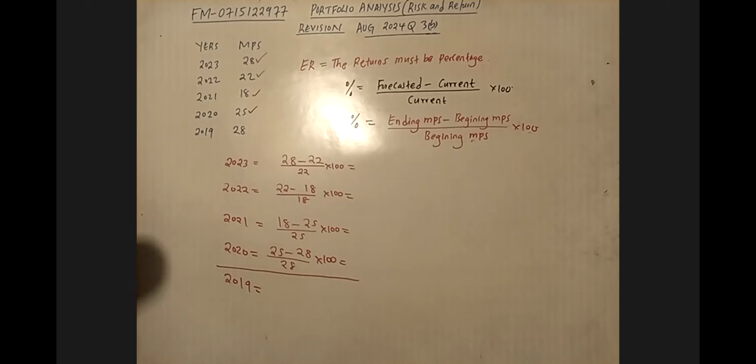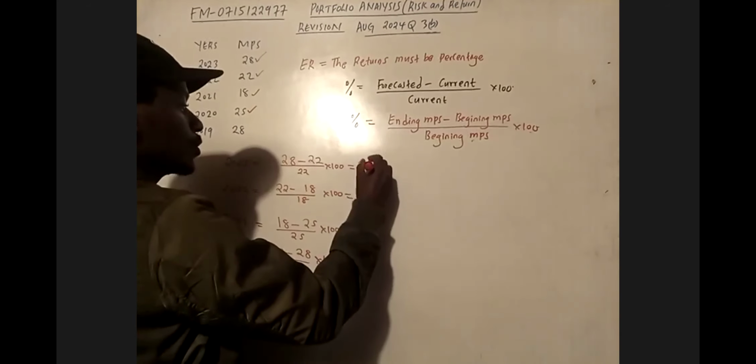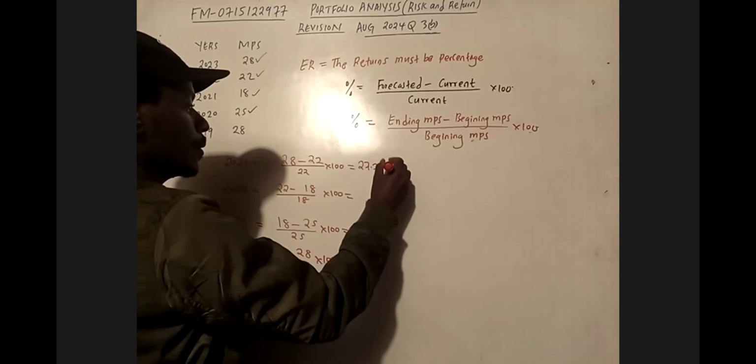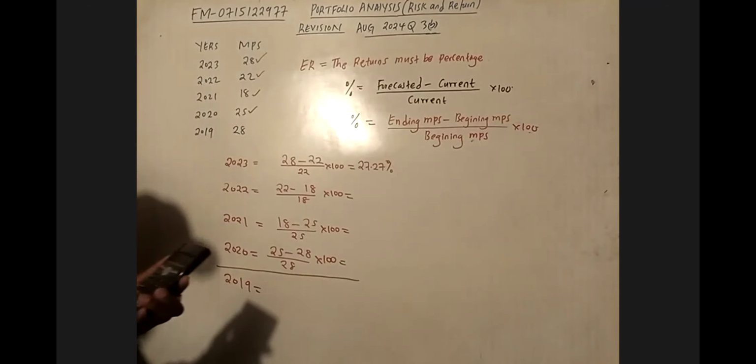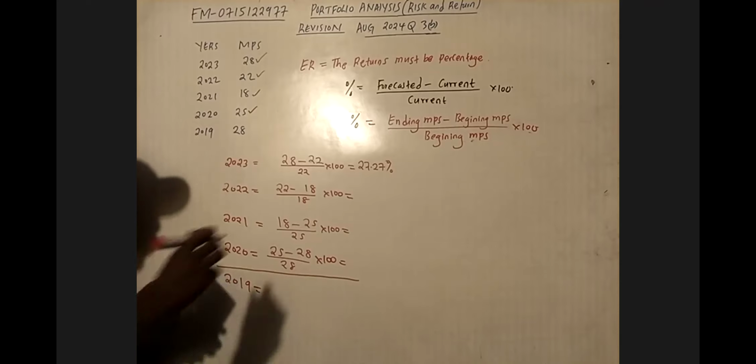So we say 28 minus 22 divided by 22 times 100, which is 27.27%. Then 22 minus 18 divided by 18 times 100, which is 22.22%.